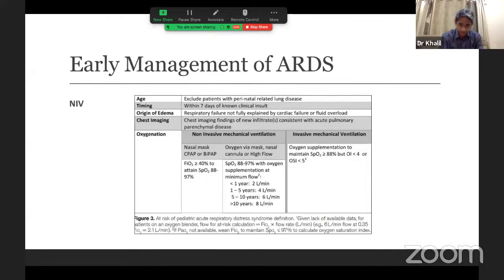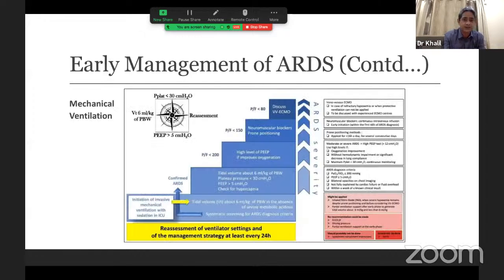This can be given either by oxygen mask, nasal cannula, or a high flow nasal cannula. The target should be to maintain a saturation in the range of 88 to 97%, and accordingly you titrate your FiO2.